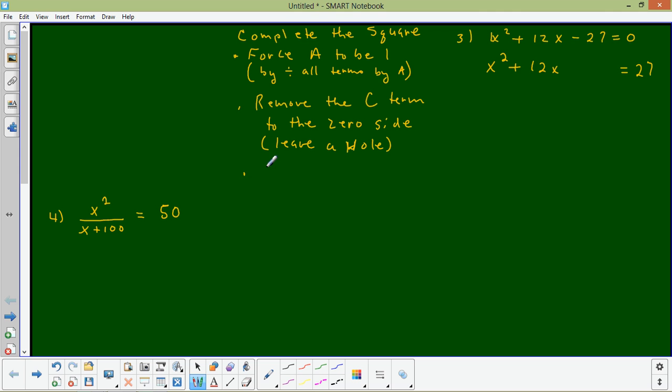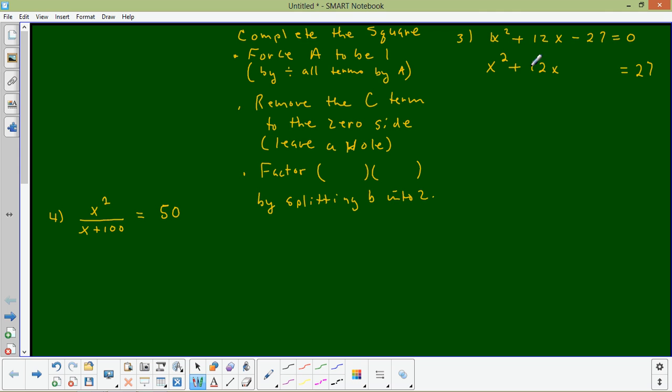Now, factor, which means make 2 sets of parentheses by splitting B and keeping the bullet points simple in 2.